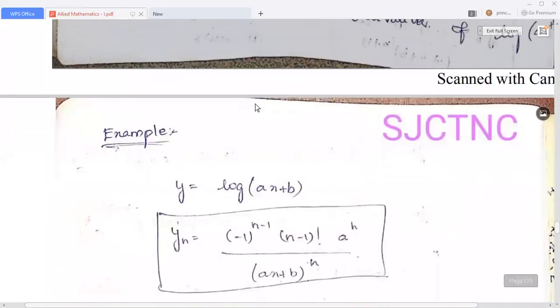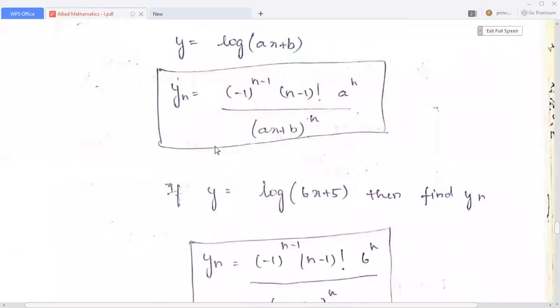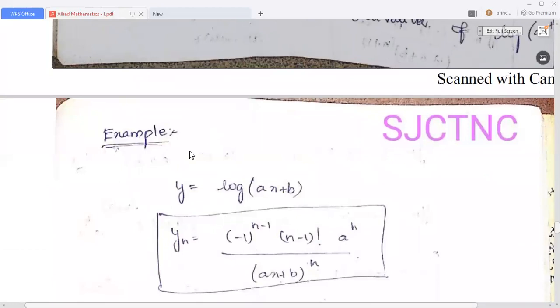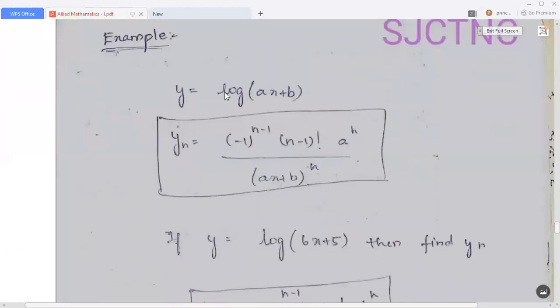So based on this formula, we can do an example. If y equal to log(ax+b), the nth derivative is, this is the formula for log(ax+b), that is yn equal to (-1)^(n-1) into (n-1) factorial into a^n whole divided by (ax+b)^n.